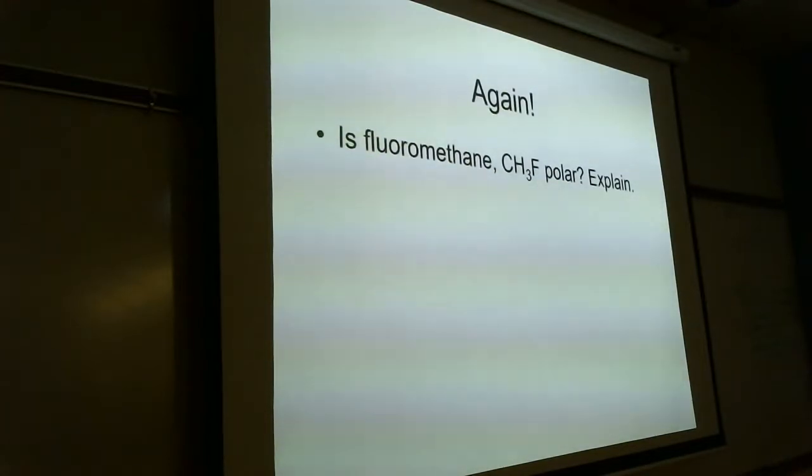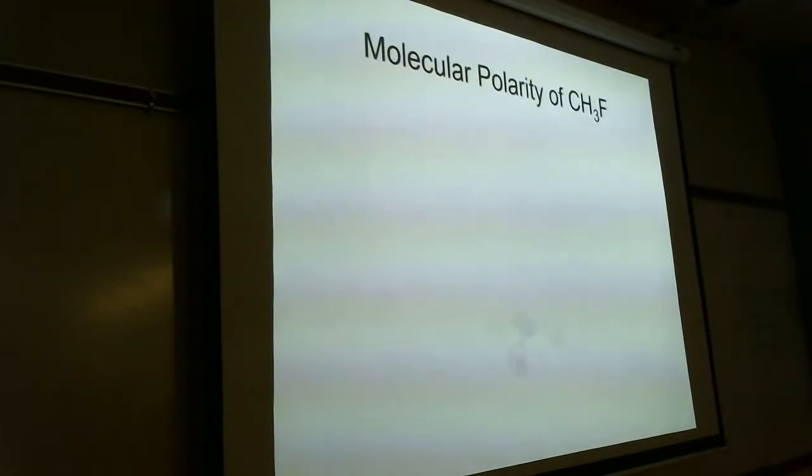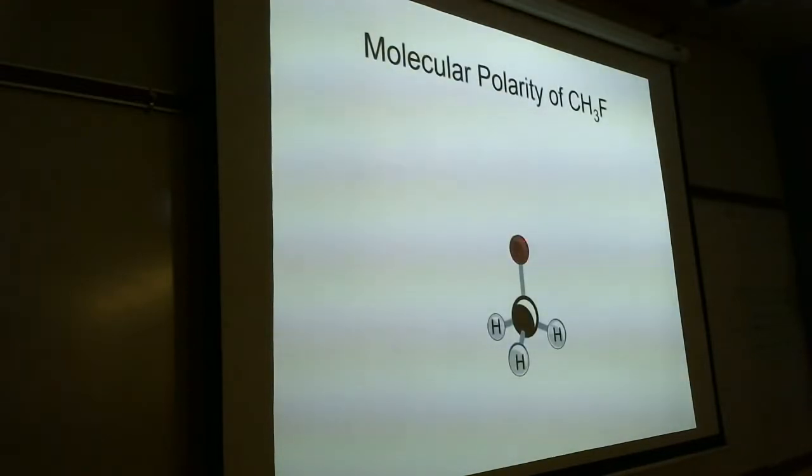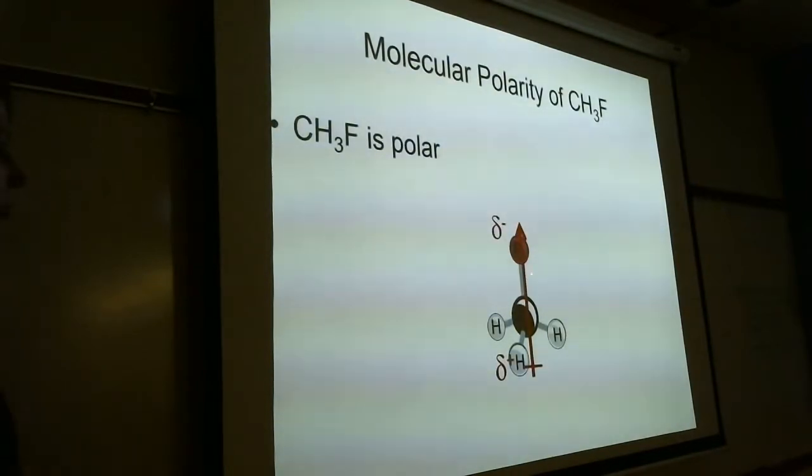This one's polar, right? Because now we have substituted a fluorine where we had three hydrogens originally, right? These are all non-polar bonds. This is a very polar bond, right? So if you are drawing the Lewis structure, you would point this way, right? This is the partial positive region. This is the partial negative region. If you made a mistake, you see where you made it.